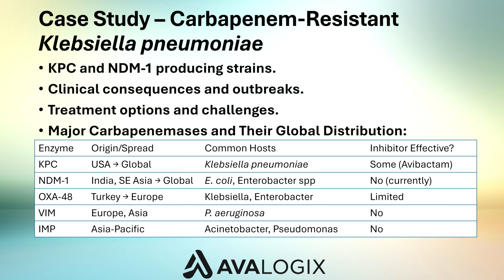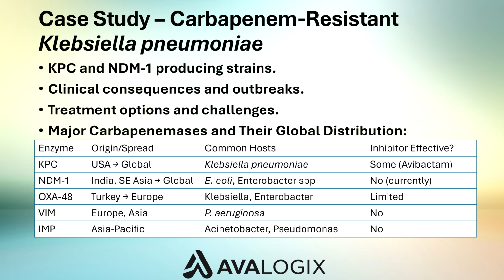Let's zoom in on one of the most concerning pathogens today: carbapenem-resistant Klebsiella pneumoniae. K. pneumoniae is a gram-negative bacterium commonly found in the human gut but capable of causing serious infections, particularly in healthcare settings. When it becomes resistant to carbapenems, our last resort antibiotics for gram-negatives, treatment becomes extremely difficult.